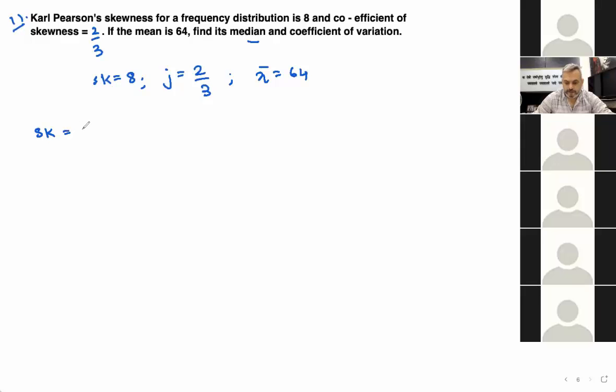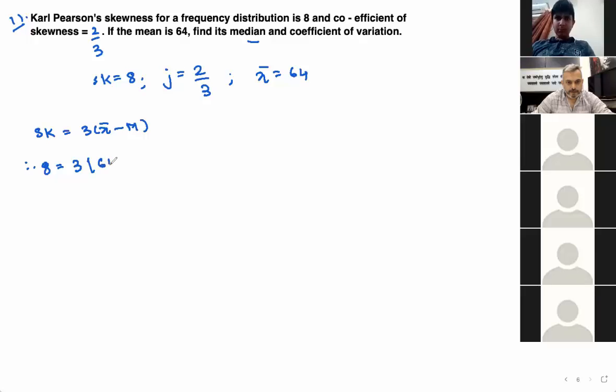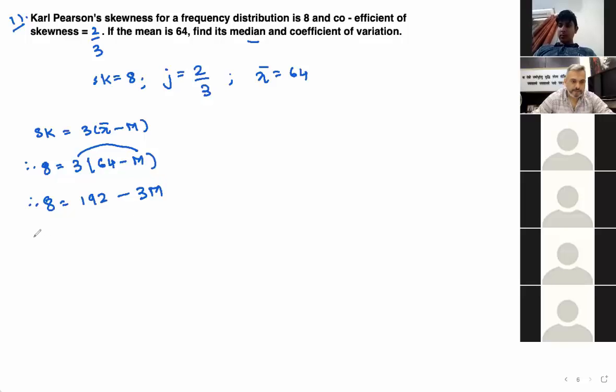So skewness is equal to 3 (x bar minus m). So therefore 8 is equal to 3 times (64 minus m). So therefore 8 is equal to 192 minus 3 into m. So 3m is equal to 192 minus 8.